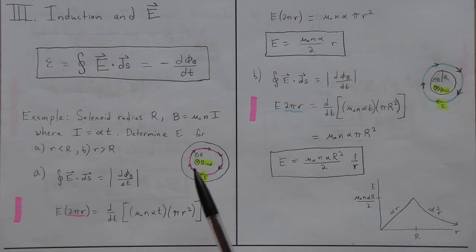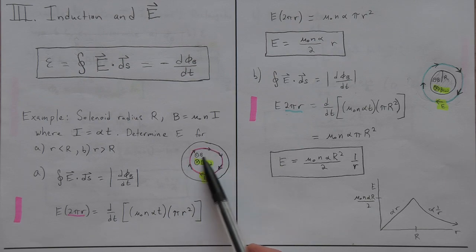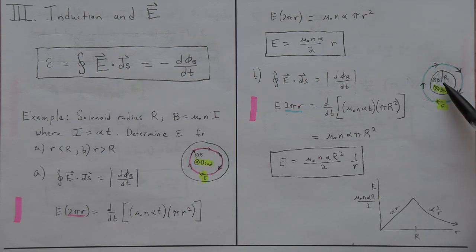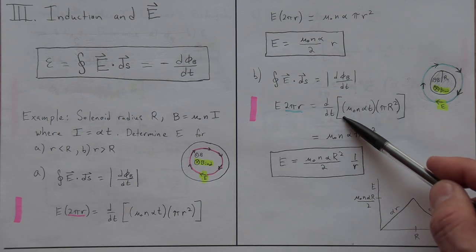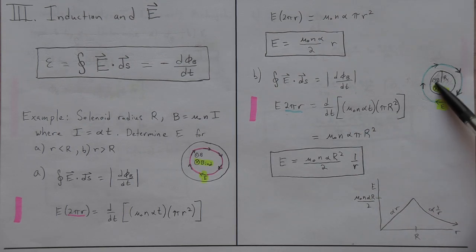The reason I had little r here is because the magnetic field was all throughout this loop inside of our solenoid. But when I make the loop out here, the magnetic field is only inside the solenoid, not in this gap. So the net magnetic flux is confined to this pi capital R squared, right there. B times area, this area, not the whole area.